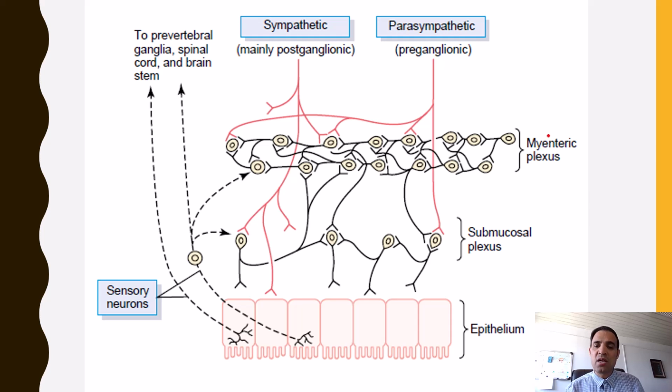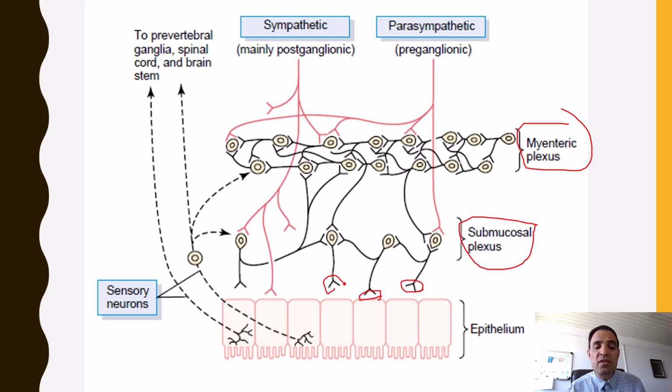This figure and some other figures will show you what I mean by myenteric and submucosal networks. As you see, the myenteric network that you can see here is some connected neurons that are connected with each other in the muscle layer, and the submucosal plexus at the submucosal layer. And as you see, they are receiving information from the receptors that I am showing you here.